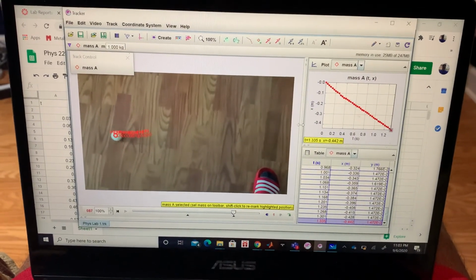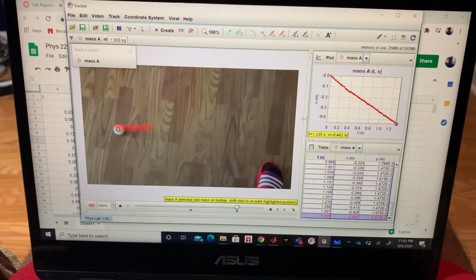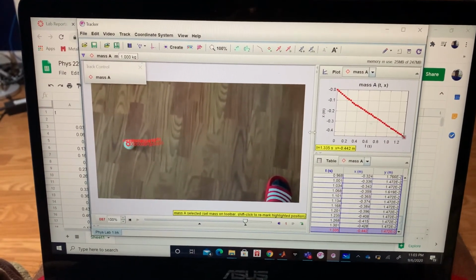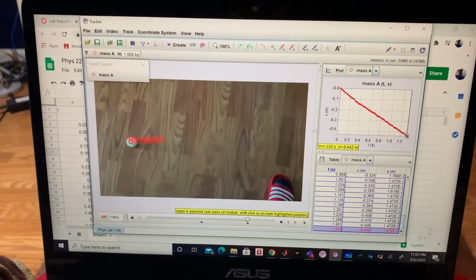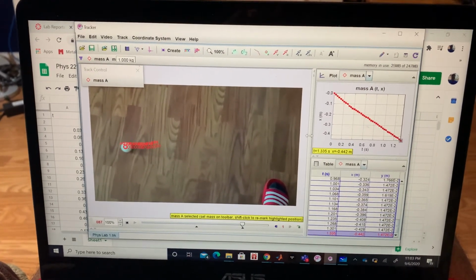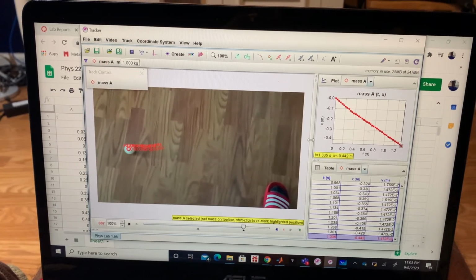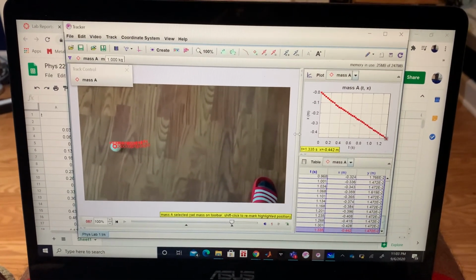In regards to pushes and pulls, we can't really make note of pushes and pulls because Newton's second law here only deals with a net force of 0, and with a net force of 0, we can't really make any notes of any pushes or pulls.